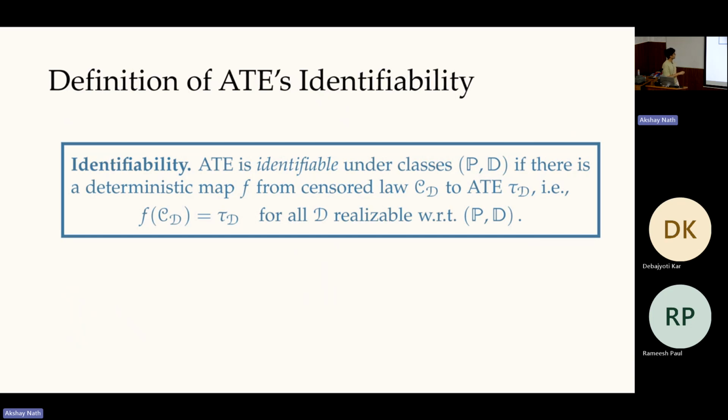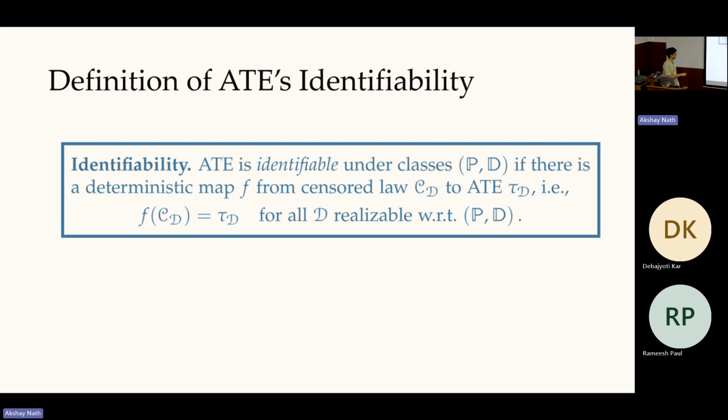So I say the average treatment effect is identifiable for these classes if there is some deterministic way of mapping the density of my censored distribution. Remember, I see only one y for each person, so that's why I'm calling this censored. That maps my censored density to the average treatment effect value.